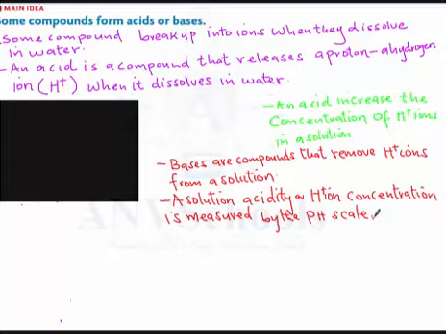Most organisms, including humans, need to keep their pH within a very narrow range, about 7.0. So most organisms normally keep their pH at about 7, which we regard as being neutral.